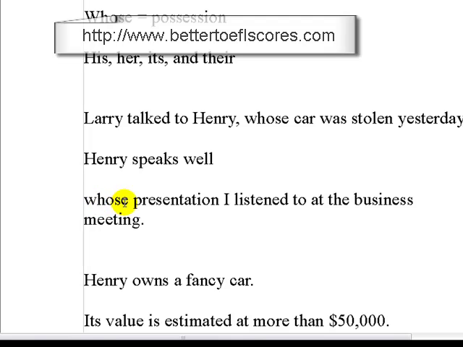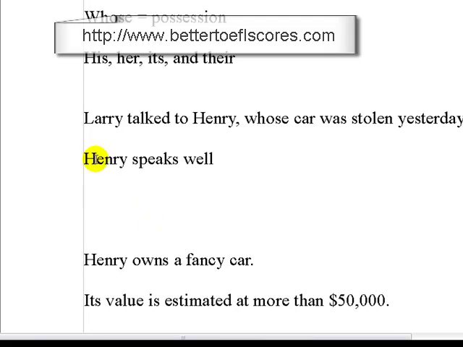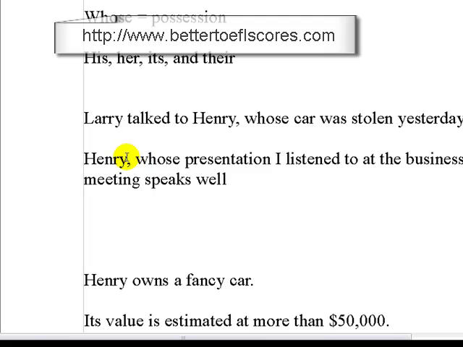What does whose mean? Whose refers to Henry, right? It doesn't refer to well here. So now we have to take this idea and put it directly after Henry. Now let's take a look at it. Henry, whose presentation I listened to at the business meeting, speaks well.